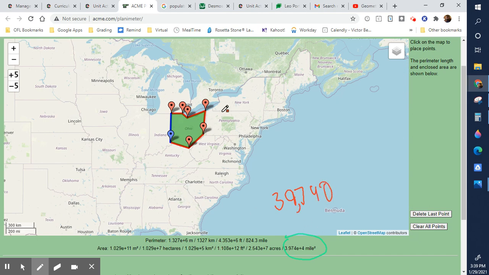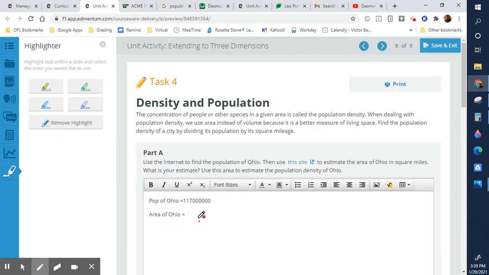So I'm going to get about 39,740. So this is going to be about 39,740. Yours might be different. And then again, we're going to find a density. So when we're talking about density, it's always the population divided by the area.